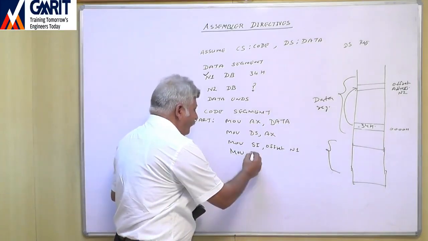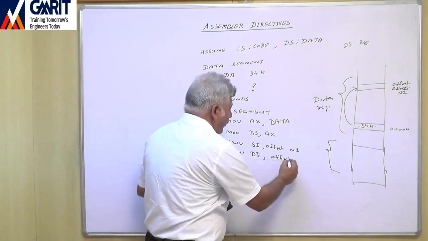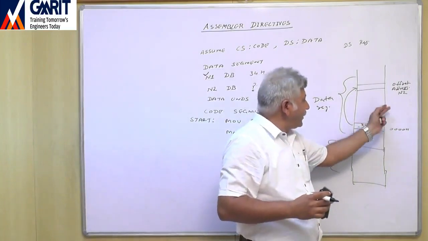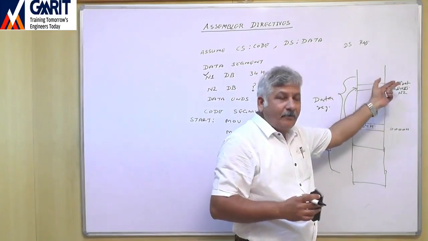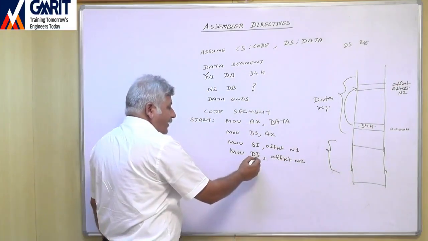Then MOV DI, offset N2. Now, where we want to transfer this data, the offset address of that memory, I want to store in the DI register.